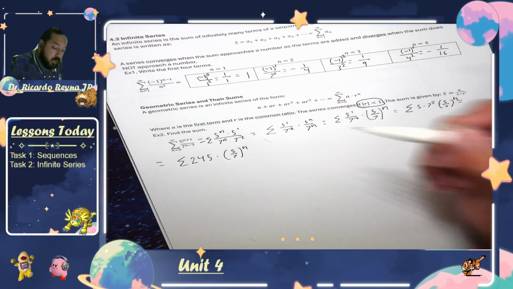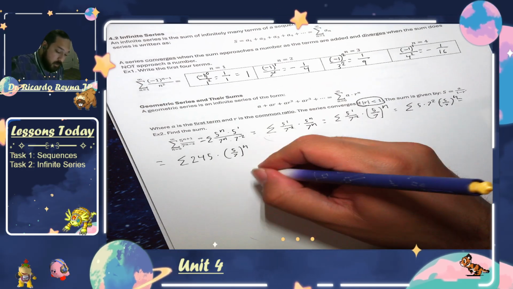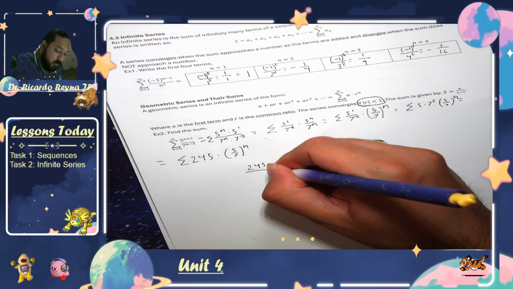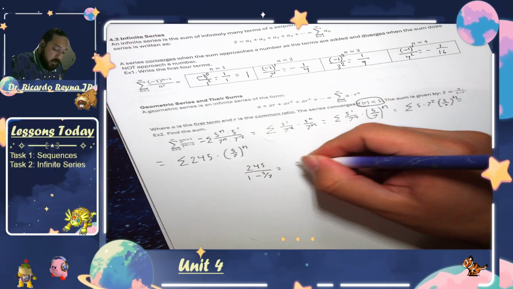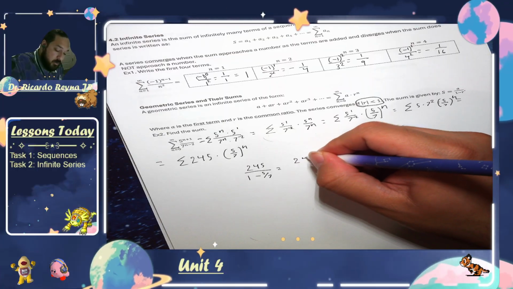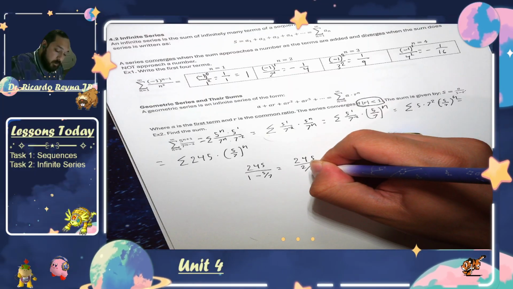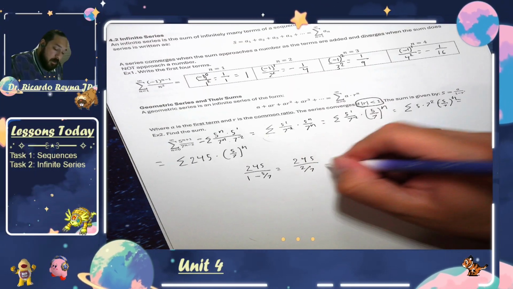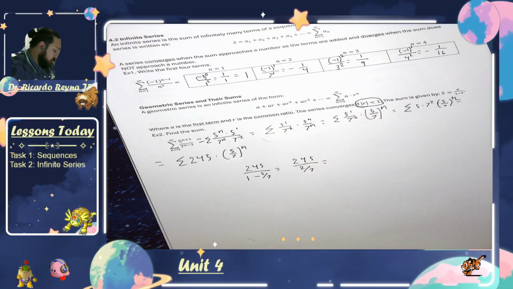Let's go ahead and set that up. It says 245 over 1 minus 5 over 7. That's going to simplify to 2 over 7. That's not even, so I'm just going to go ahead and put the 7 on top.